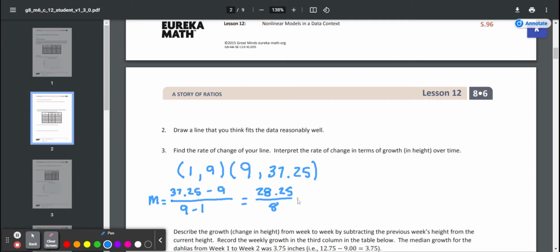If we do some quick math, we get about 3.40. This would be the rate of change of growth in time. So 3.40 is what we're saying. It'd be 3.40 inches per week.